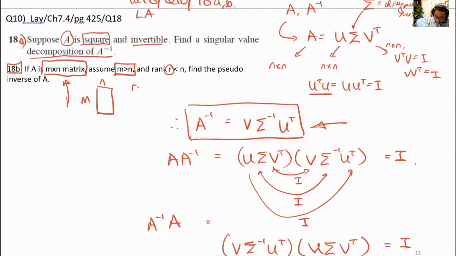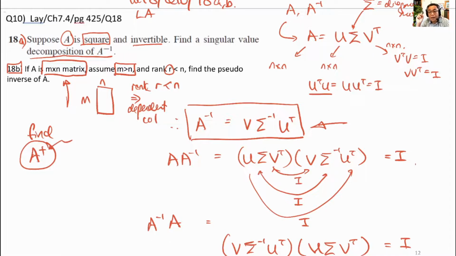When the rank r is less than n, we have dependent columns. We only have r independent columns, and this is not enough for all the columns. So find the pseudo inverse of A. The pseudo inverse of A has the notation A plus.